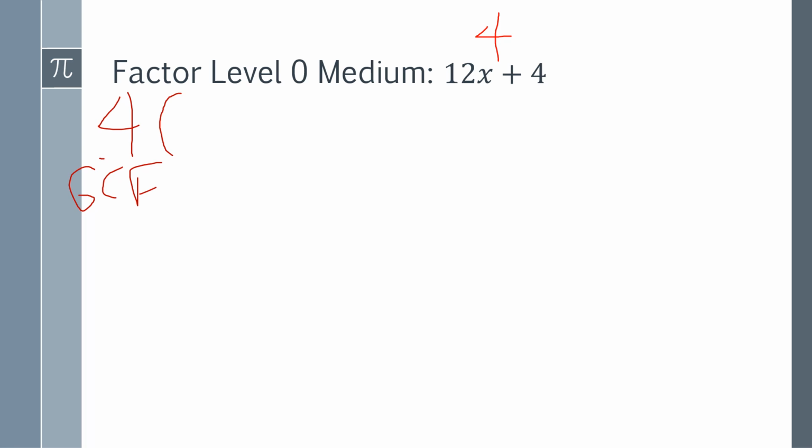In case you didn't understand how I did the last problem, the GCF is 4. And now you're going to put down what gives you the inside of this. So 4 times 3x gives me 12x, but also 4 times 1 gives me 4. So therefore, I got this. Not bad, eh?